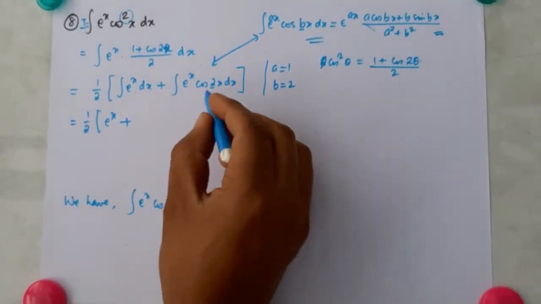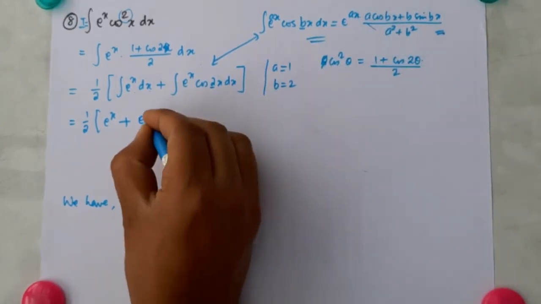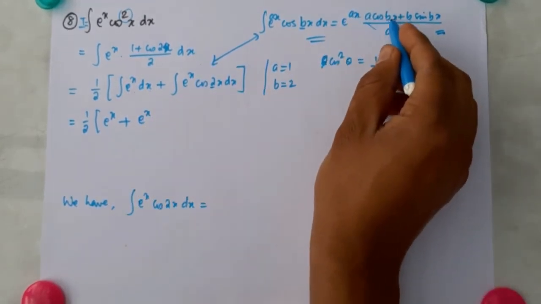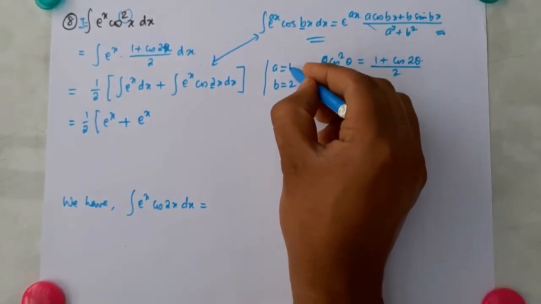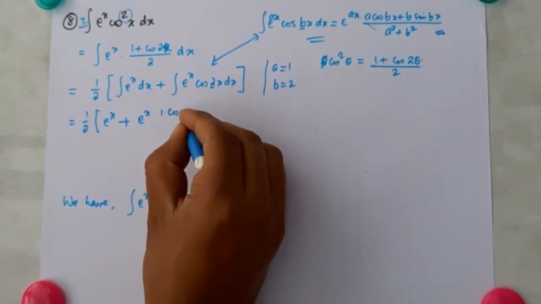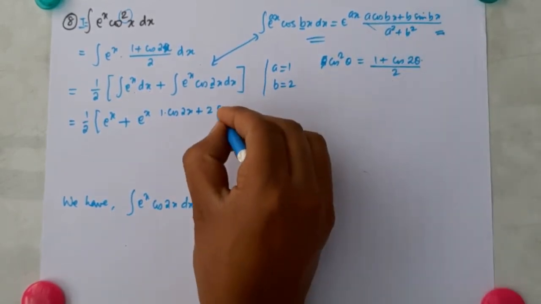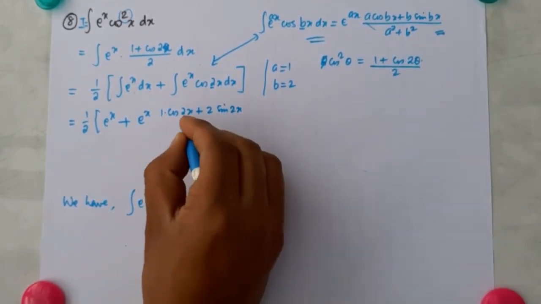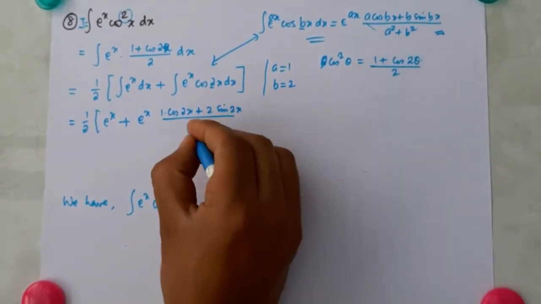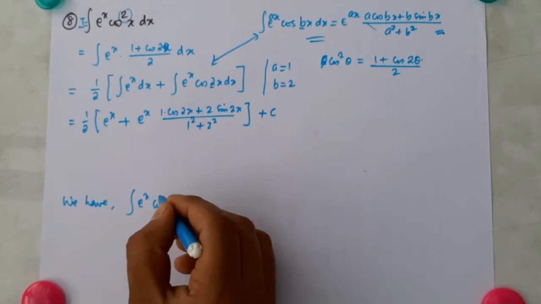So you get e to the power ax, that is 1 into x, that is x, into a cos bx, that is 1 cos 2x, plus b is 2 sine bx, that is 2 sin 2x, by a square plus b square, that is 1 square plus 2 square, with constant of integration.